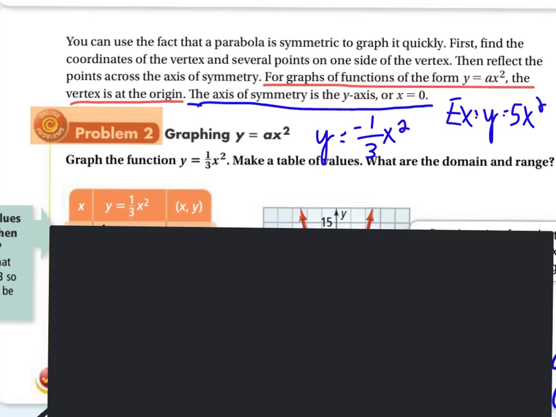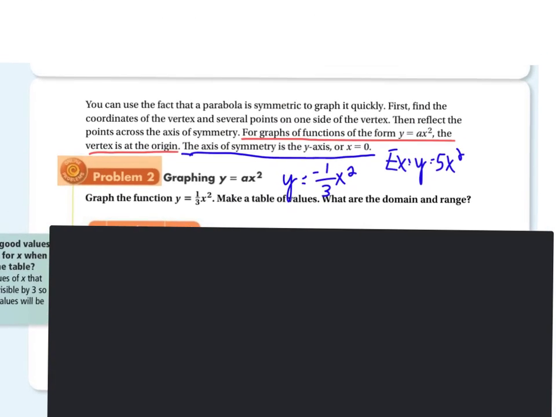Those would be examples where the vertex is at the origin, because when you go to find that line of symmetry, you think about it, it's negative b over 2a. Well, b is the number next to our x.